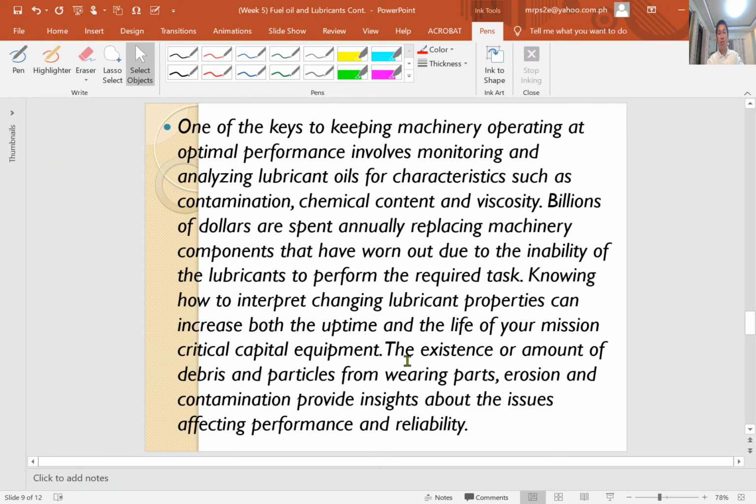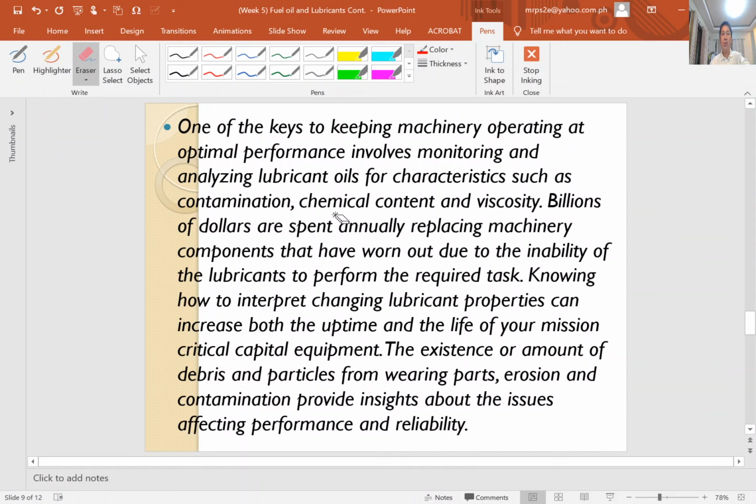So one of the keys to keeping machinery operating at optimal performance involves monitoring and analyzing lubricant oils for characteristics such as contamination, chemical content, and viscosity. So contamination, either by water, diesel, or fuel oil.